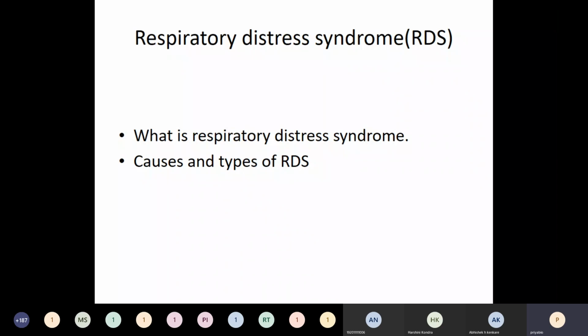The function of this pulmonary surfactant is that it coats the alveoli and prevents collapsing, especially during expiration. During expiration, when all the air comes out, the lungs collapse and cannot reinflate. So in the presence of this surfactant, this dipalmitoyl lecithin, it does not allow the lung to collapse. That is the function of this surfactant.